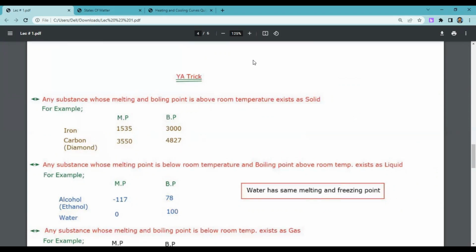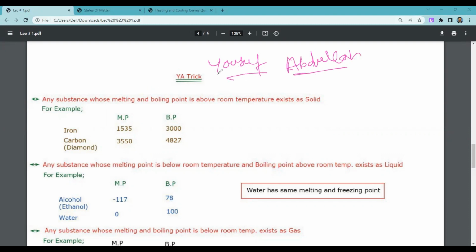Therefore, I named this trick the YA trick. Yusuf Abdullah is my name. Oh, I wrote it in a very bad way. Yusuf Abdullah trick.